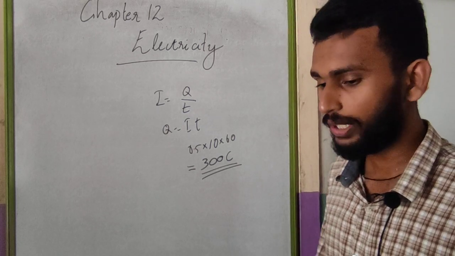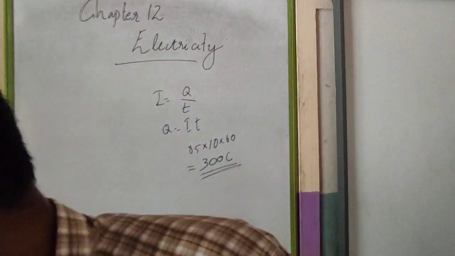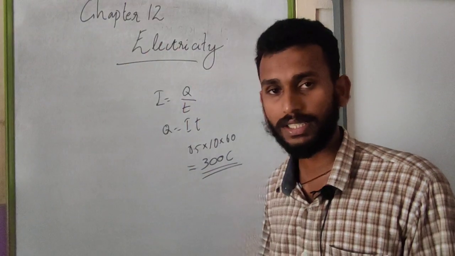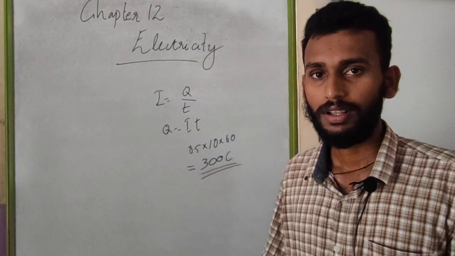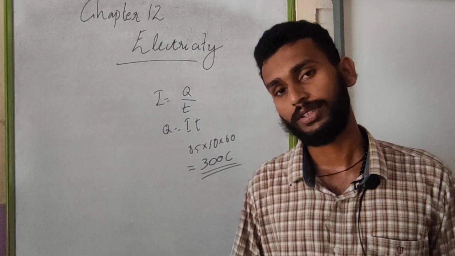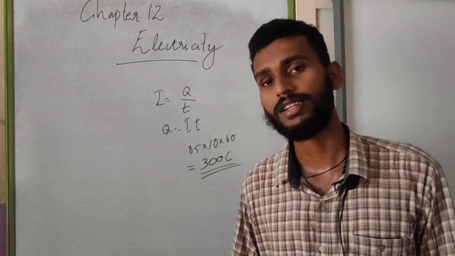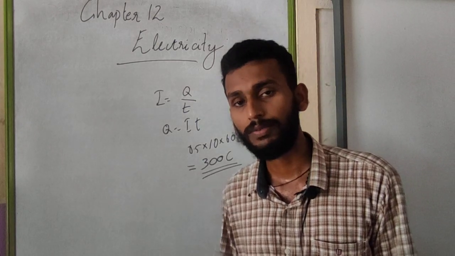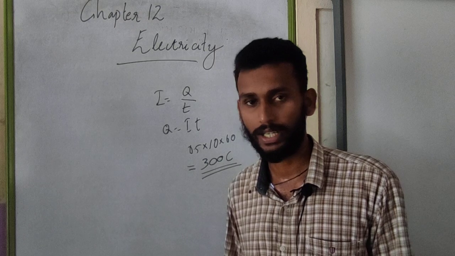Regarding these things, now let us come to the electric potential. But before that, what is electric circuit? Actually, the electric circuit is the closed loop through which the current is flowing. For the flow of current, a path is needed, isn't it?